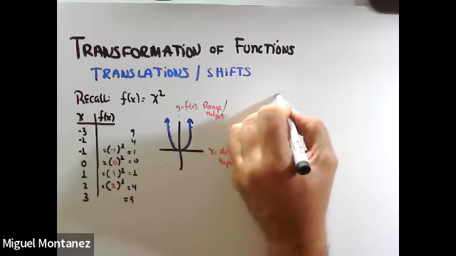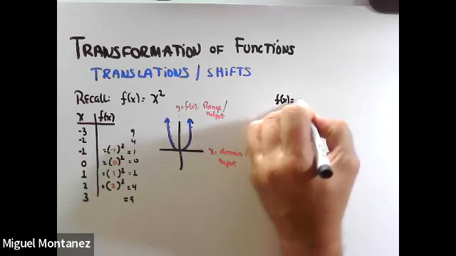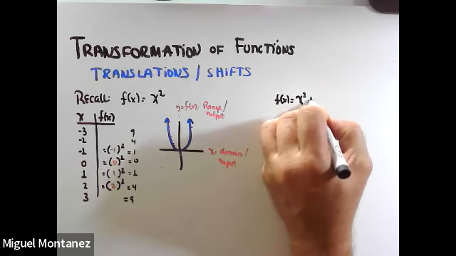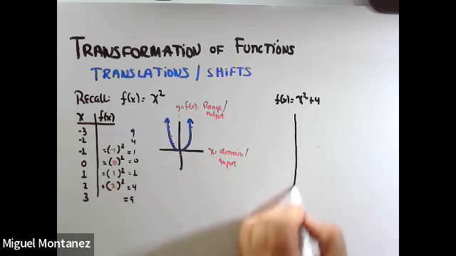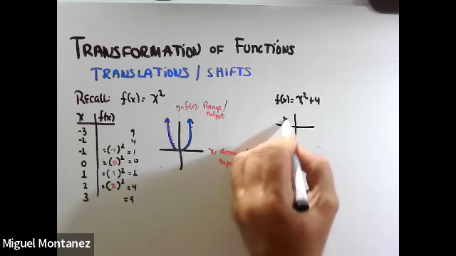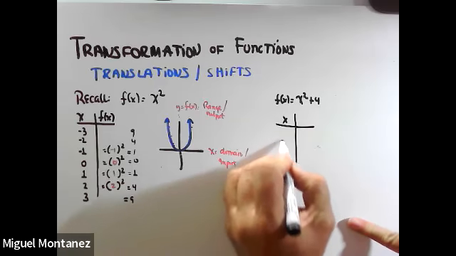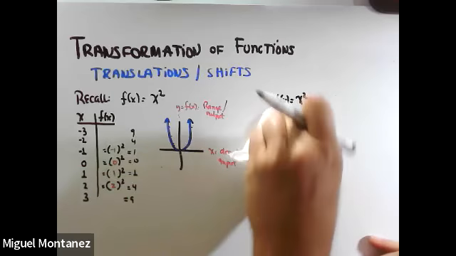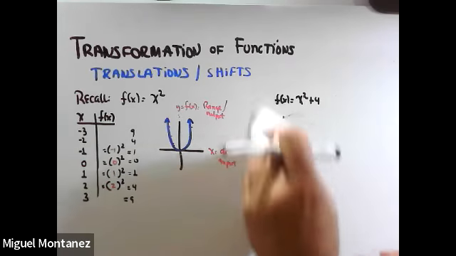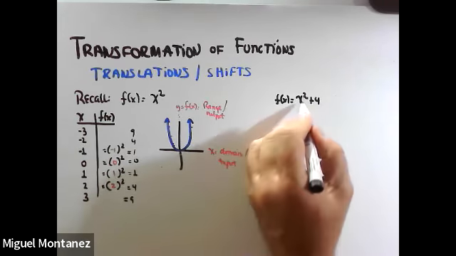Now, what happens if I have the following, folks? What happens if I have f of x equals x squared plus 4? We'll attempt to build the same table. x: 0, negative 1, negative 2, negative 3, and then 1, 2, 3. And then we're going to add 4.